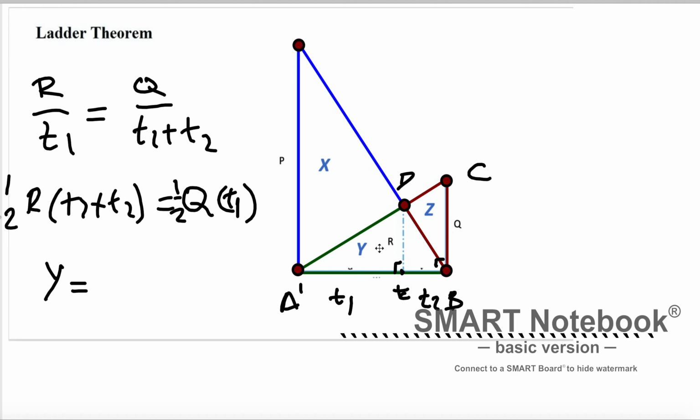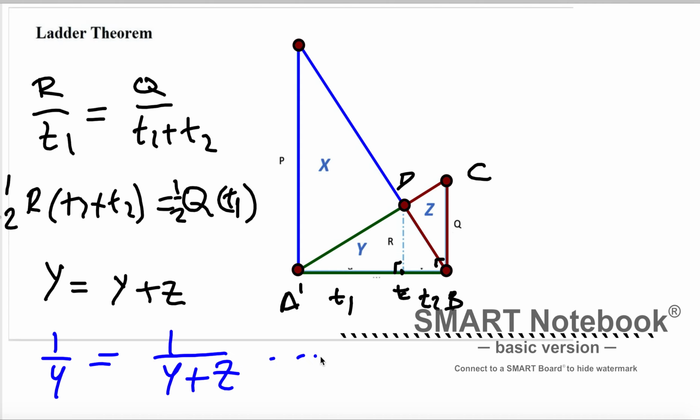But this big triangle includes y plus z. If we take the reciprocal on both sides, it is going to be 1 over y is equal to 1 over y plus z. So we proved this equation 1.